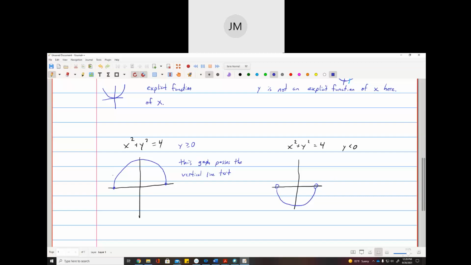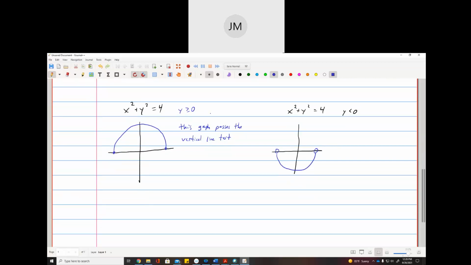And then we could do things like find equations of tangent lines. Okay, so in this case, x squared plus y squared equals 4 could be written as 2 functions.